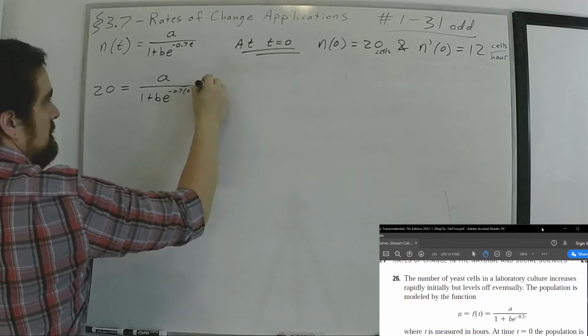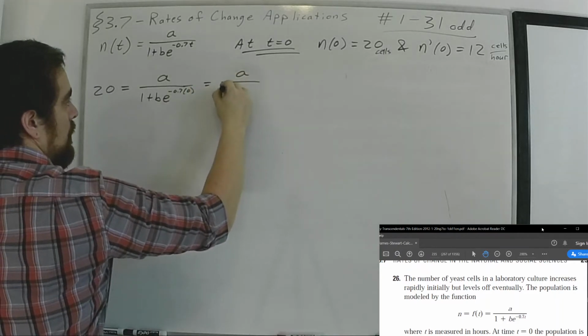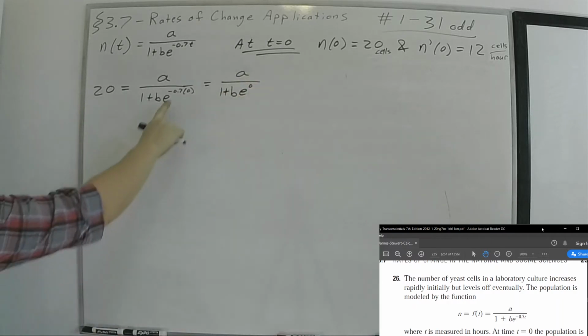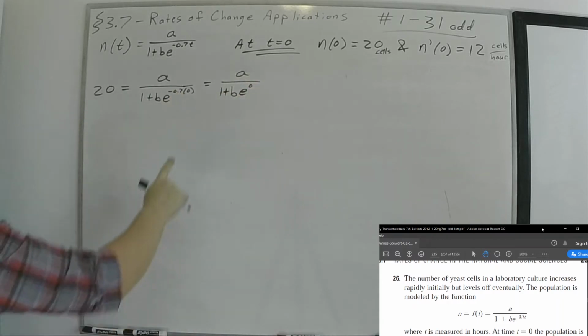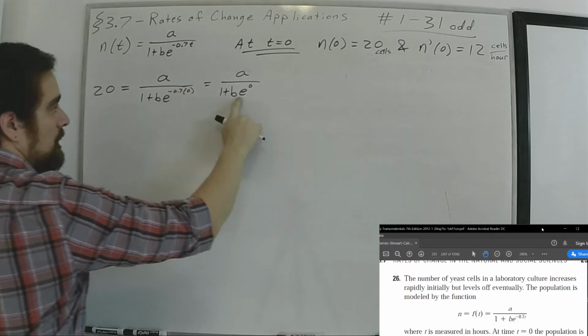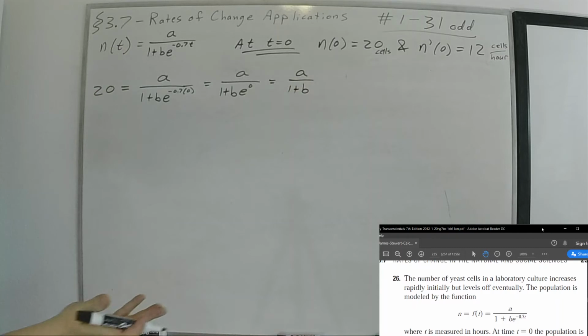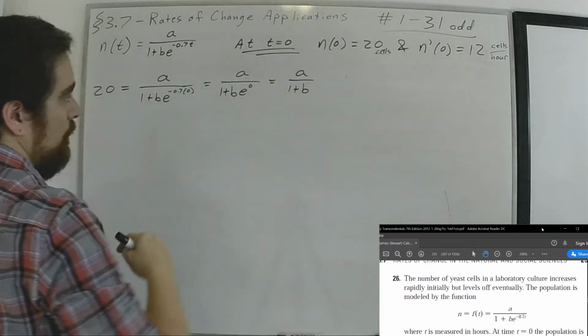Now, what that means is that I have a over 1 plus b times e to the 0, right? Because this power is now 0. So I just get a over 1 plus b. Hey, wasn't that what I said before where I talked about the initial population? It's always modeled by a over 1 plus b.